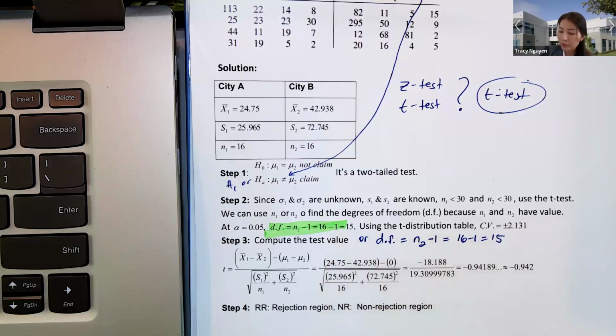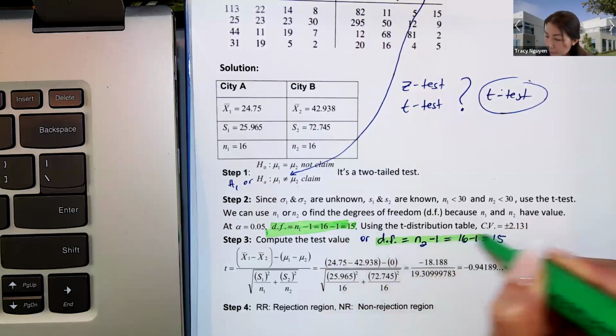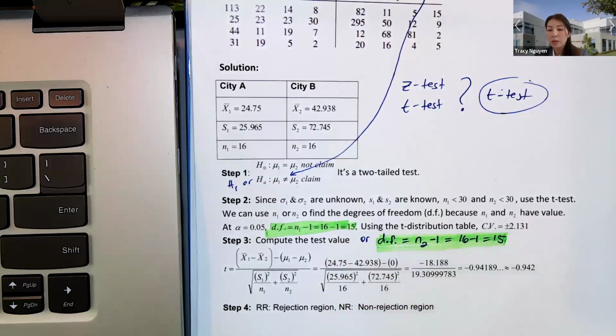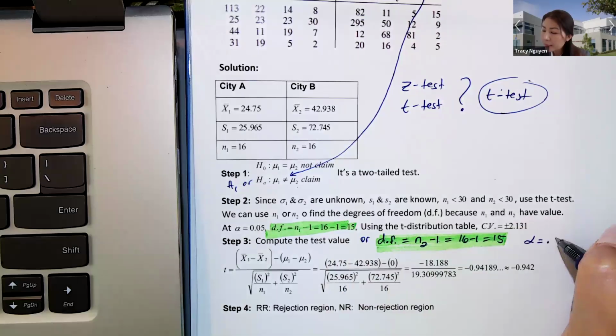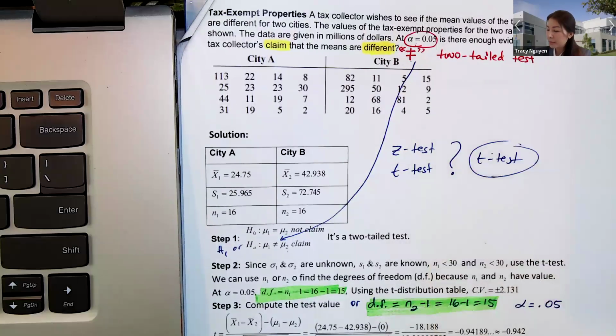So it doesn't matter which one you use. When n values are different, then it does matter: you need to use the lower n value. But when n values are the same, then it doesn't matter. Okay, so we know that alpha given in the problem is 0.05. All right, alpha equals 0.05.